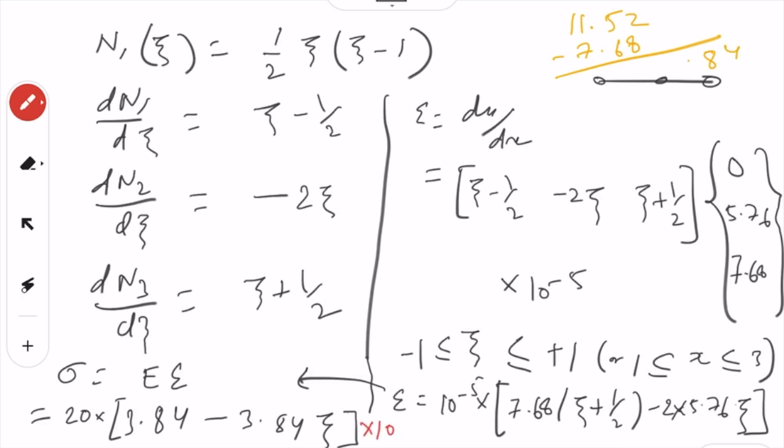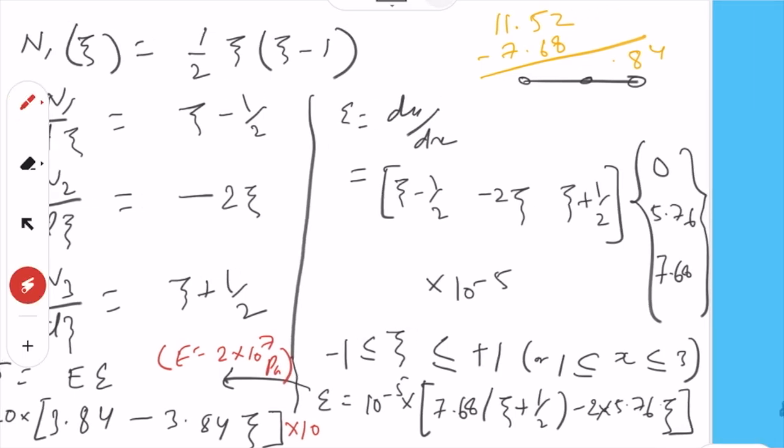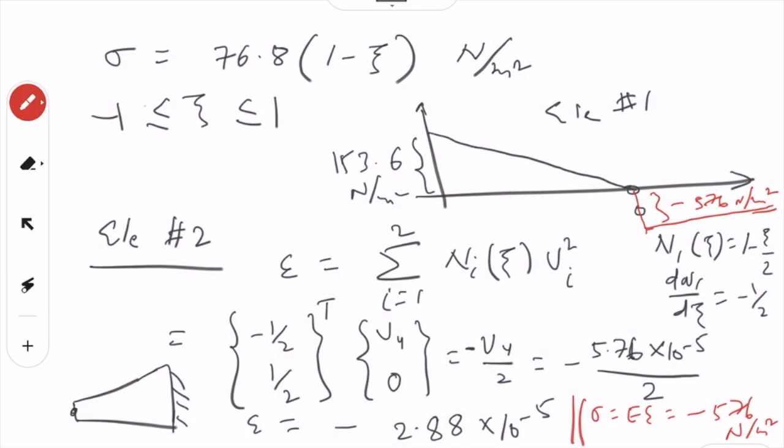Okay, so it should have been 200, and because of that I'm writing this: E equal to 2 times 10 to power 7 Pascal. Yeah, okay, and because of that, the correction is we have to multiply it by 10 basically. And here also this should be multiplied by 10.